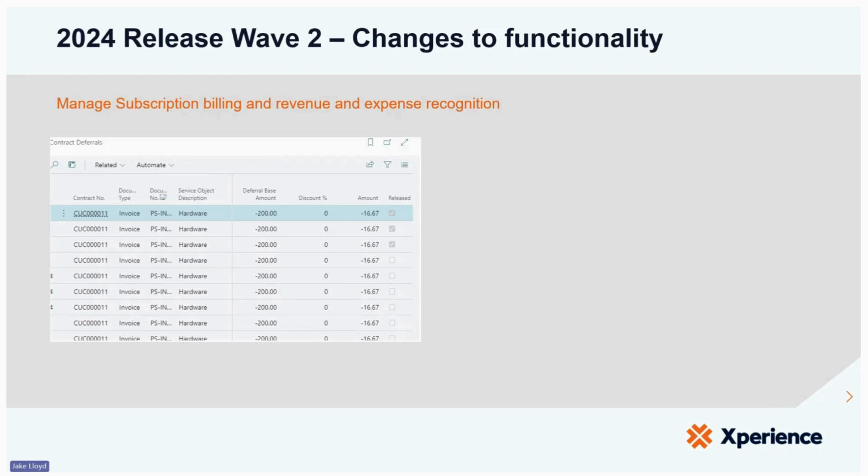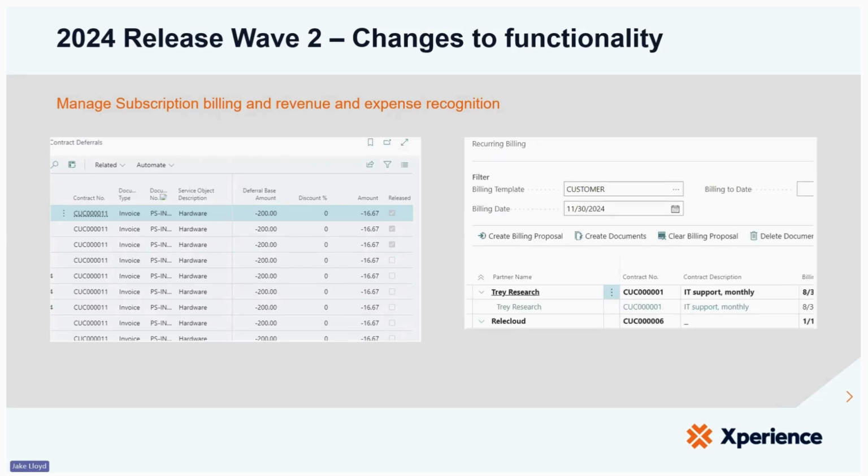What we can do is set up a deferral schedule, which will enable revenue to be recognized monthly rather than in the lump sum which the customer has paid. This approach helps to manage revenue for the project, as it's recognized when it's earned rather than when it's paid.